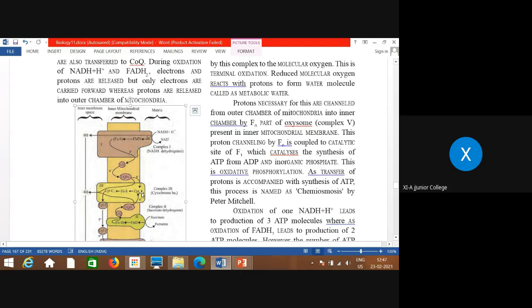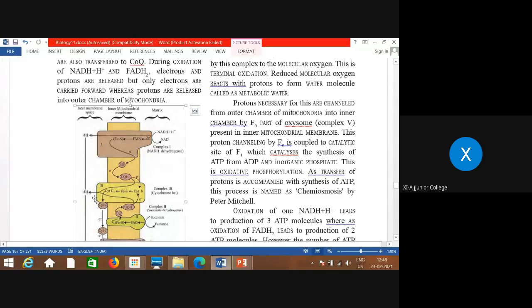They are first accepted by cytochrome B and then by cytochrome C1, and during this transfer of electrons, the energy which is released is stored in the form of ATP. So here the second ATP synthesis is taking place. So the second ATP is generated.